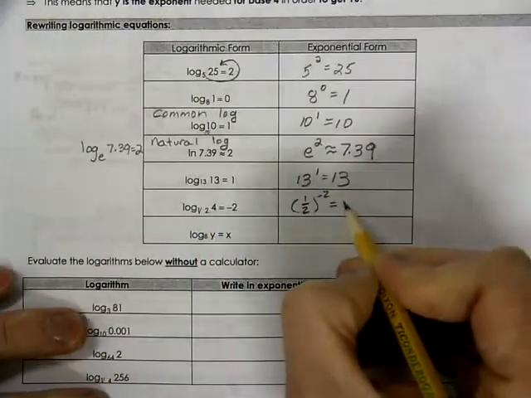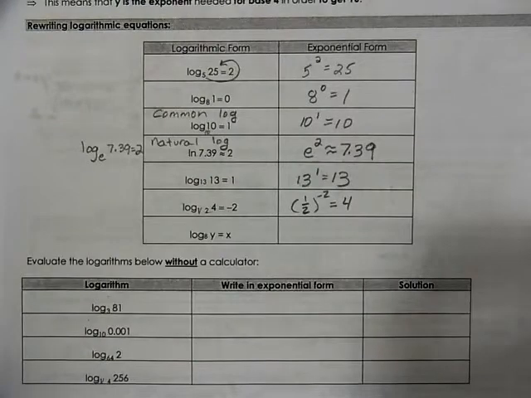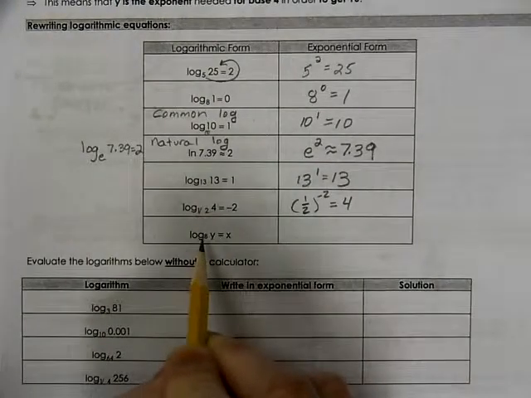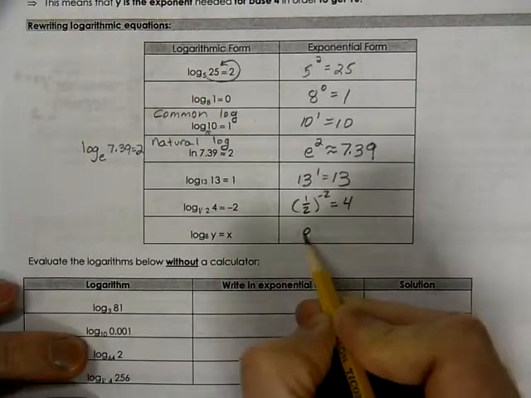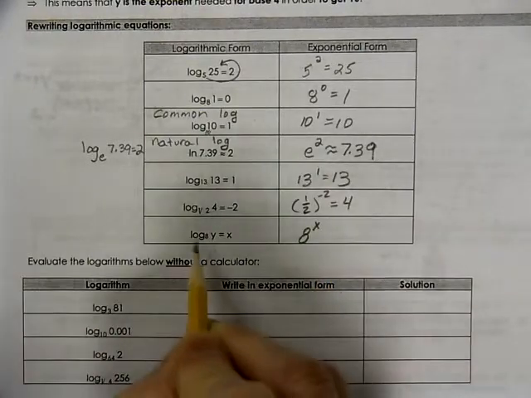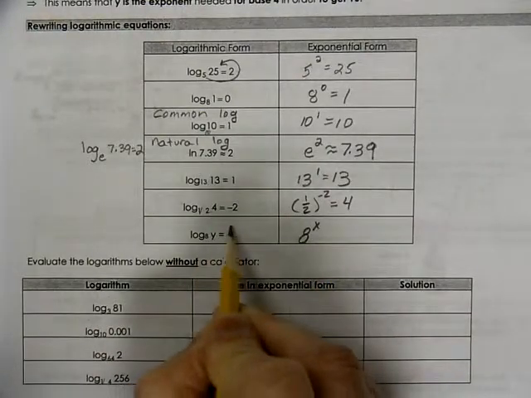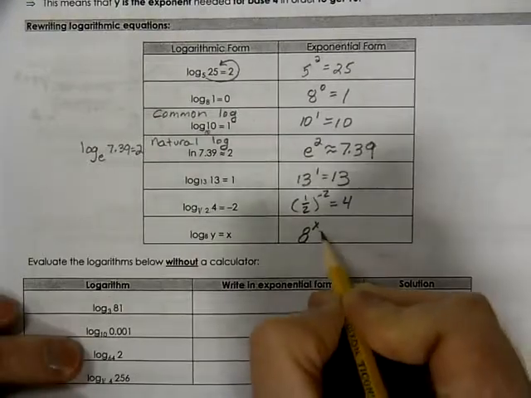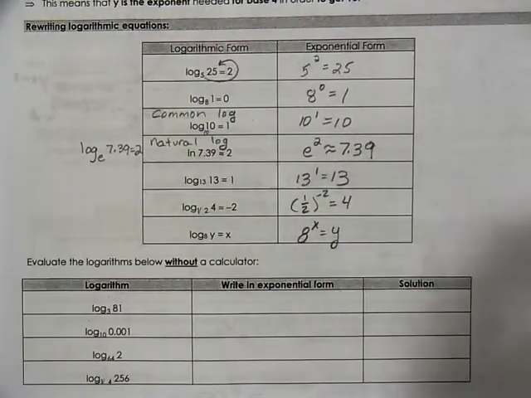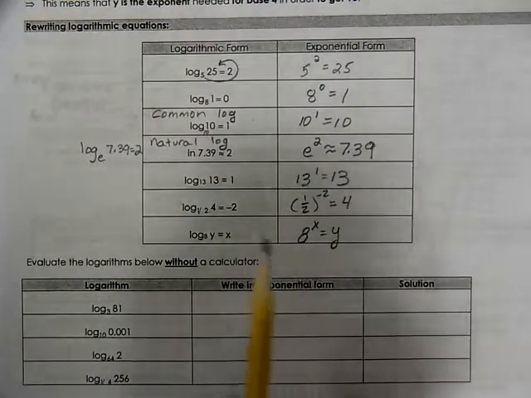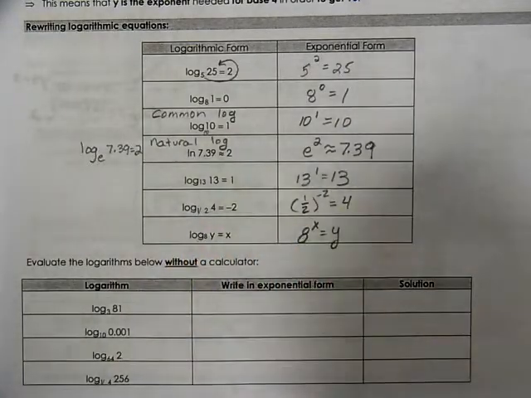That's why it says 4. 8 to the x equals y. So that's converting it from logarithmic form to exponential form.